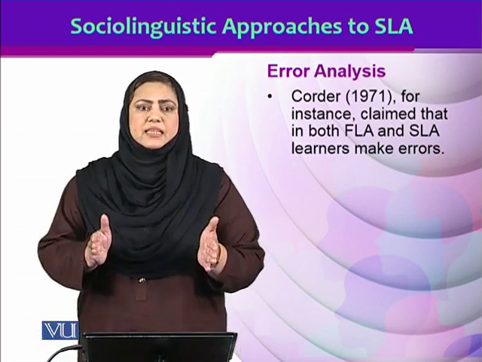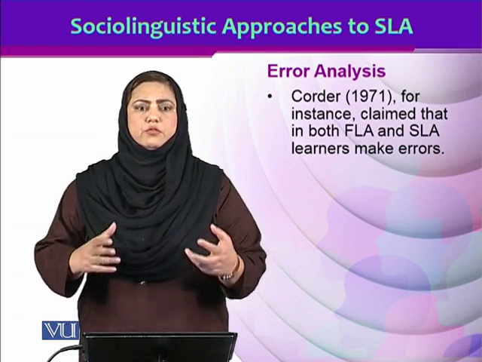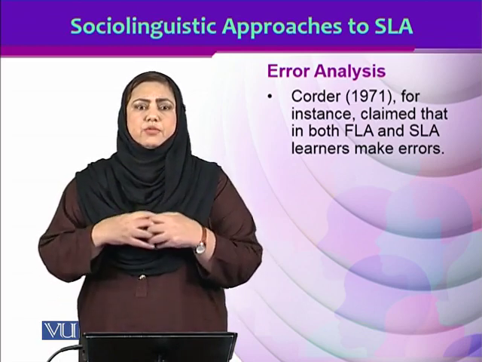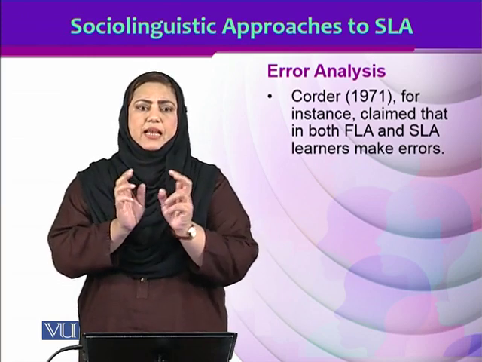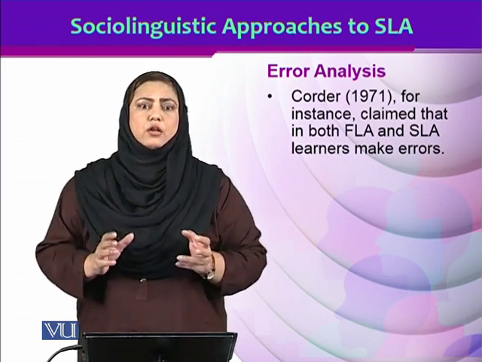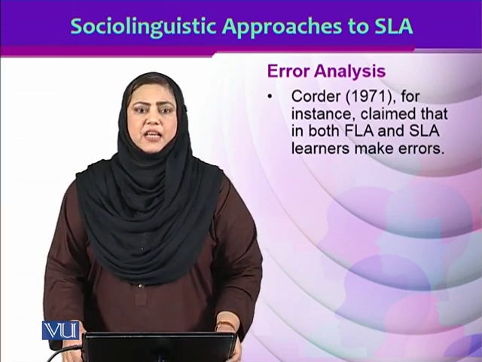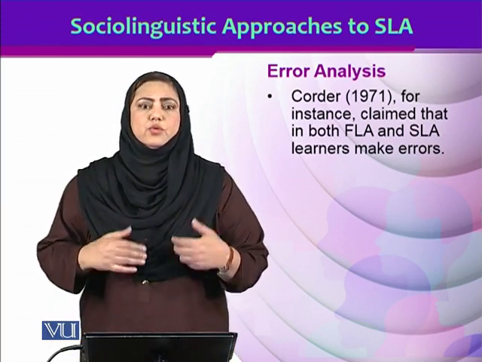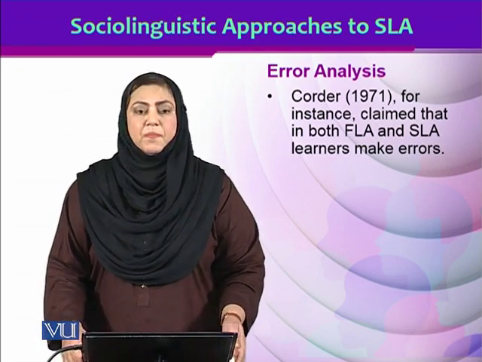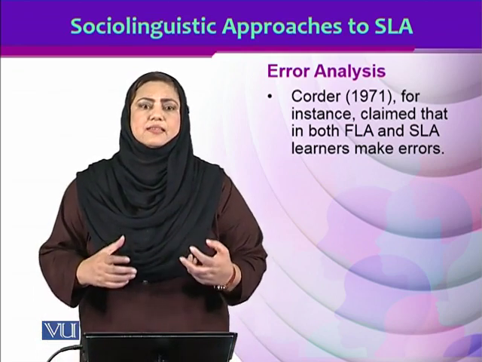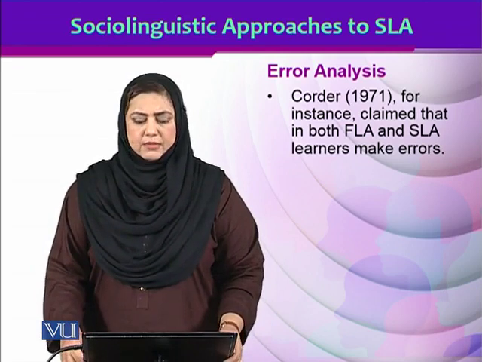This contrastive approach, however, had its own flaws, and it was realized that it is not only a language-to-language relationship. There are a lot of other factors that play a role. This led towards the next approach towards SLA, that is, second language teaching, and in fact, error analysis was introduced as an approach.